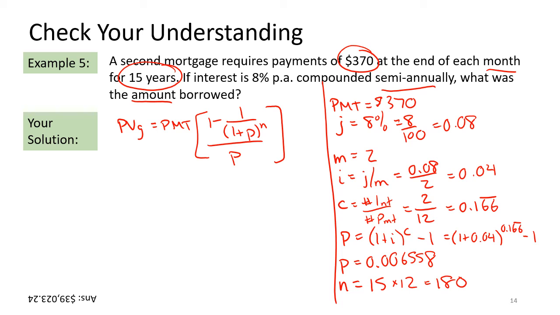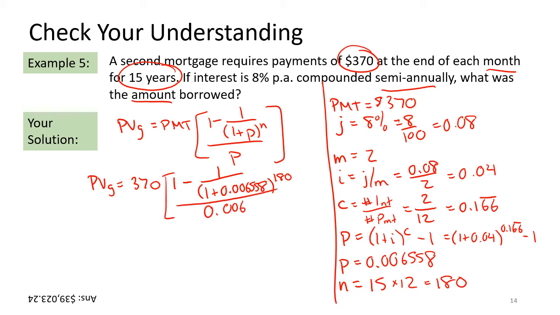So substituting all of these values in now, your present value is equal to your payments, 370, times 1 minus 1 divided by 1 plus your equivalent interest rate, 0.006558, and that's all to the exponent 180, divided by 0.006558.